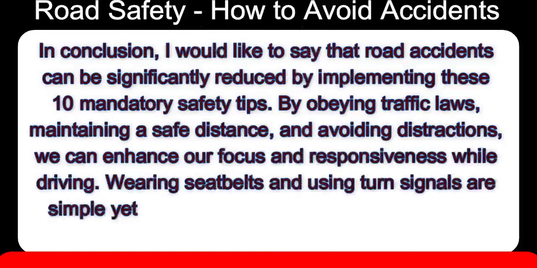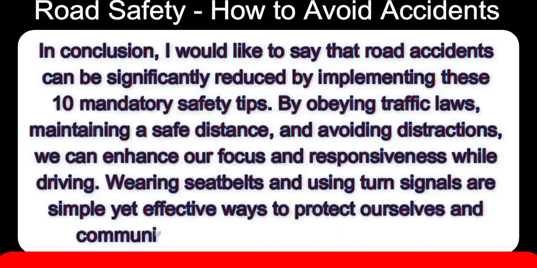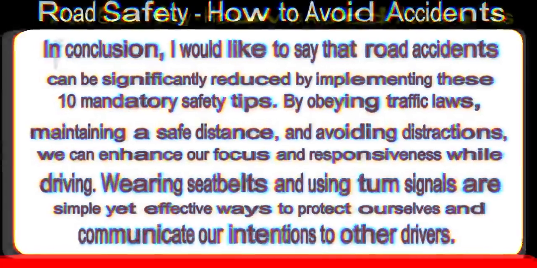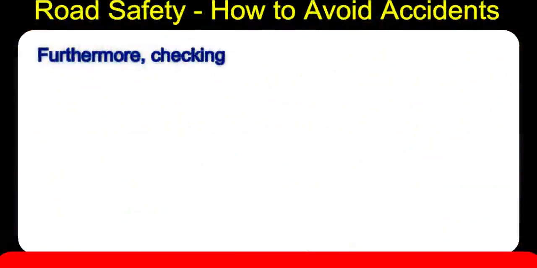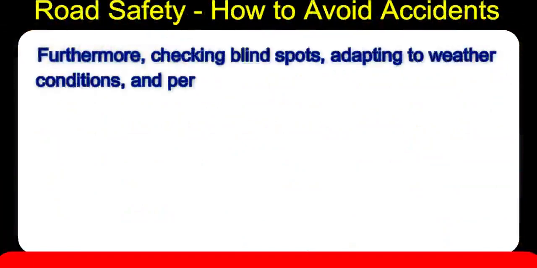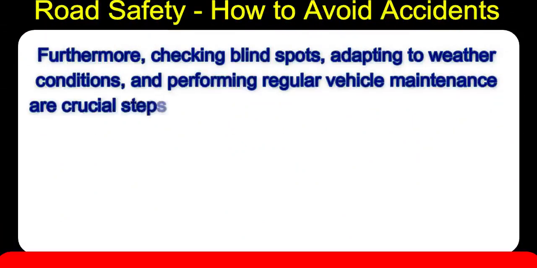Wearing seatbelts and using turn signals are simple yet effective ways to protect ourselves and communicate our intentions to other drivers. Furthermore, checking blind spots, adapting to weather conditions, and performing regular vehicle maintenance and inspection are crucial steps in preventing accidents.